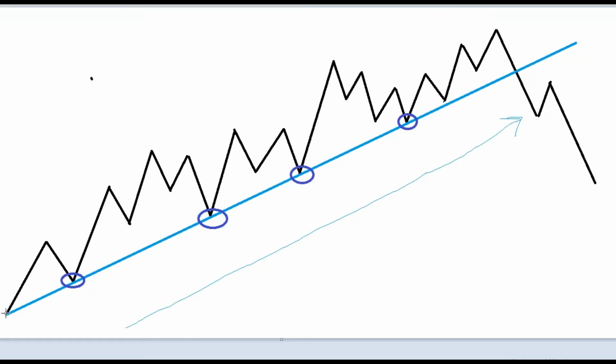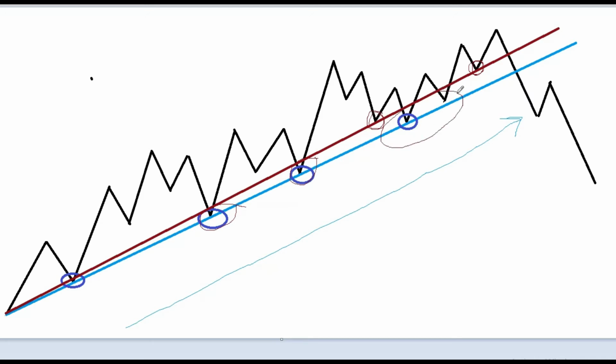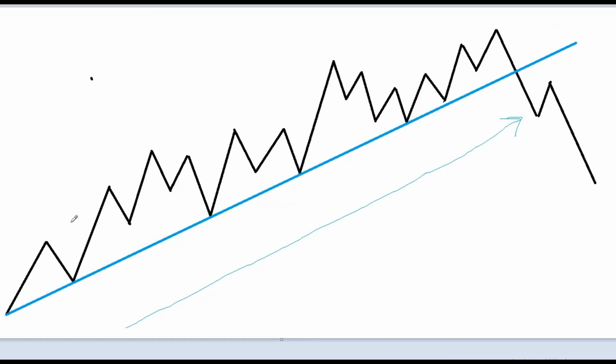In case I draw one more trend line and I attach to these 2 points, this point and this point, this is not a good trend line. The reason is the price has been coming outside the trend line. You can see here the price has pierced the trend line most of the time, which I would not accept. Hence the blue colored line would be the good trend line.